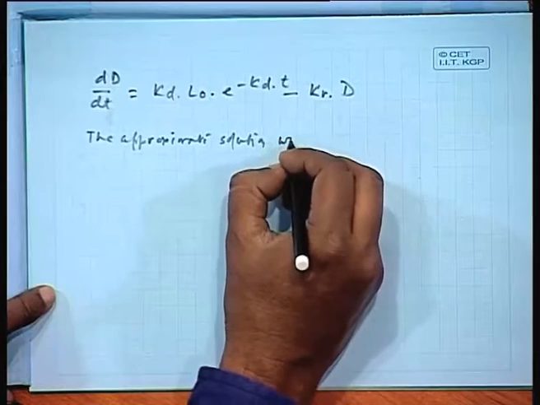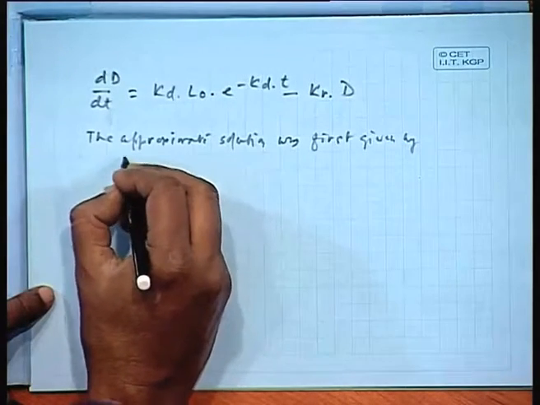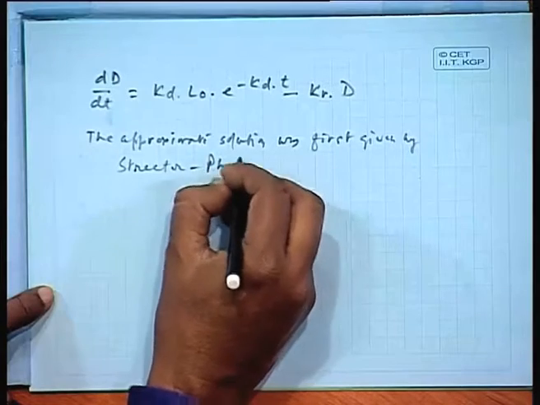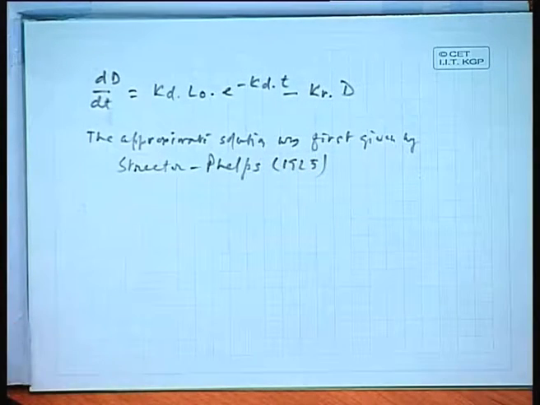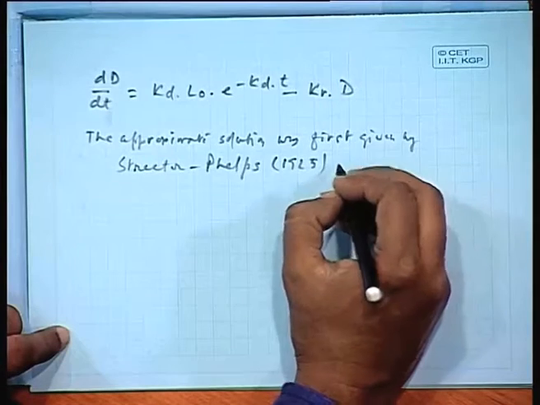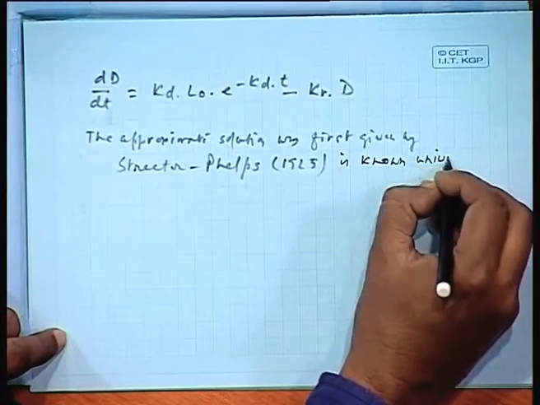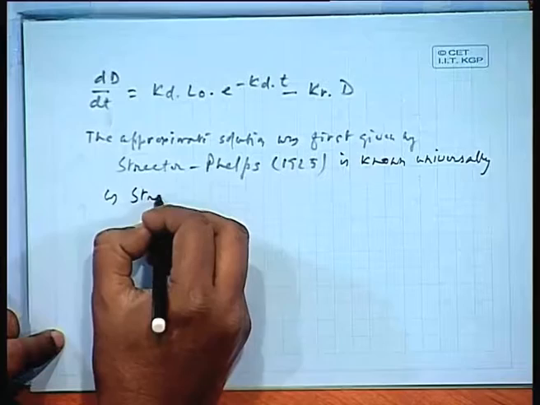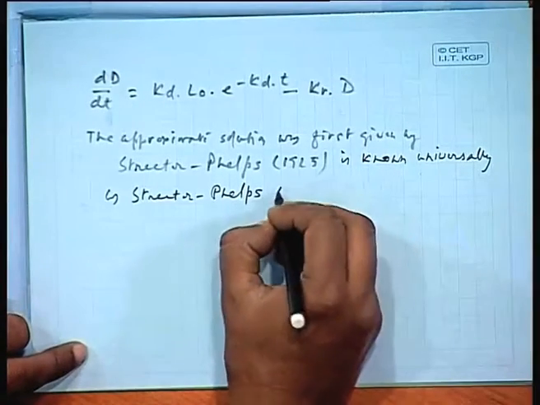solution was first given by Streeter and Phelps in 1925, and is known universally as the Streeter-Phelps oxygen sag equation.